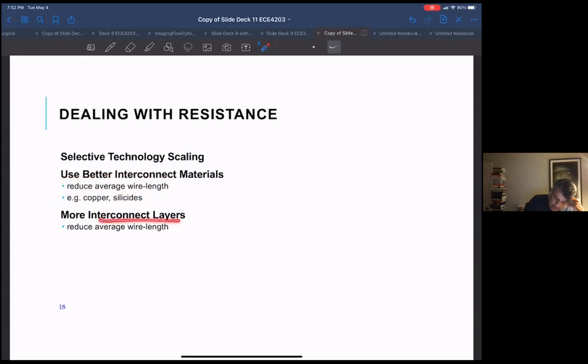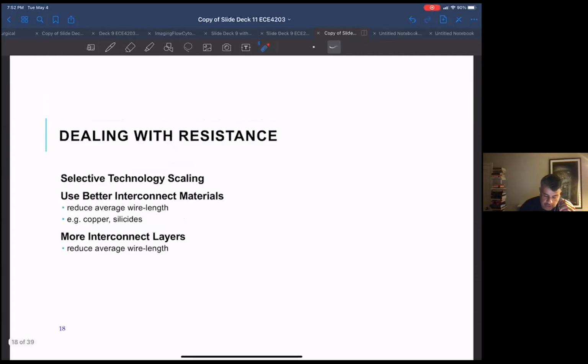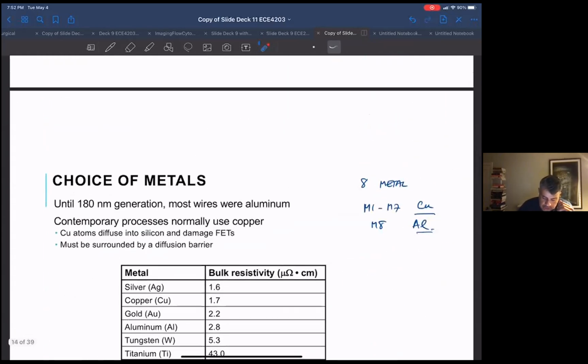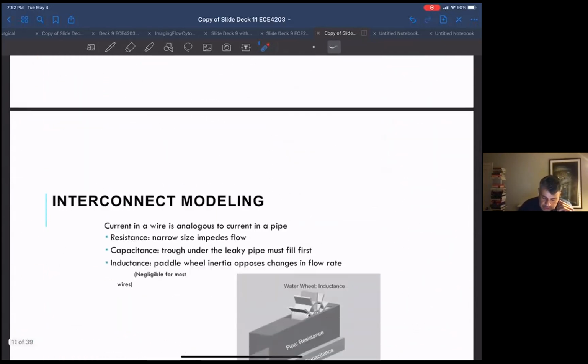You also want to use more interconnect layers to reduce your resistance, but there is a trade-off, because more interconnect layers means a higher cost per wafer. So I've reduced my resistance, but I've increased my cost. Like a lot of things, it's a trade-off in terms of expense.